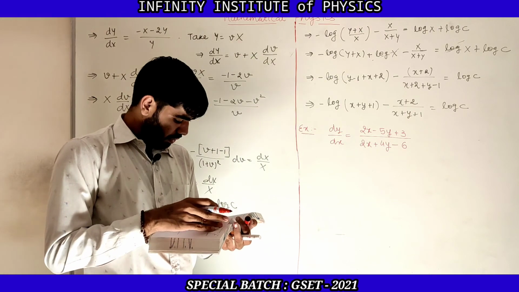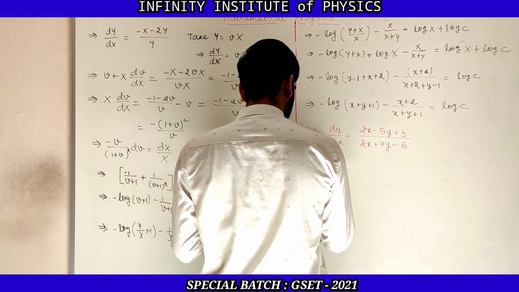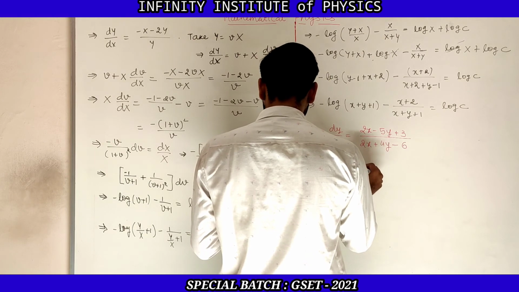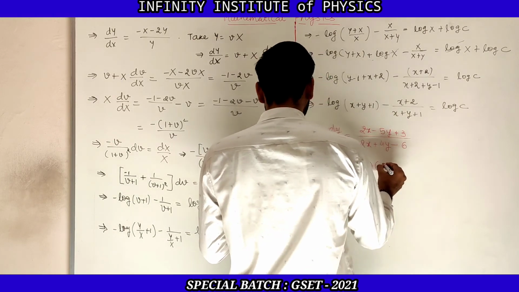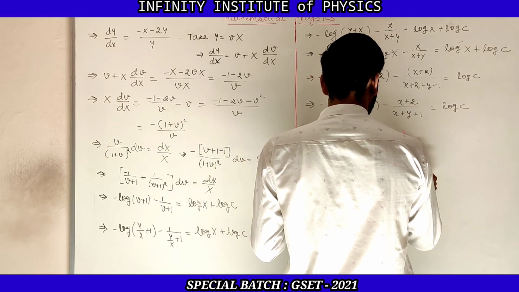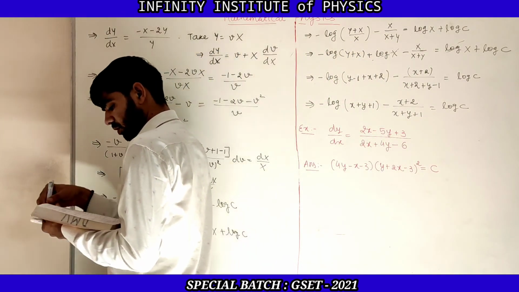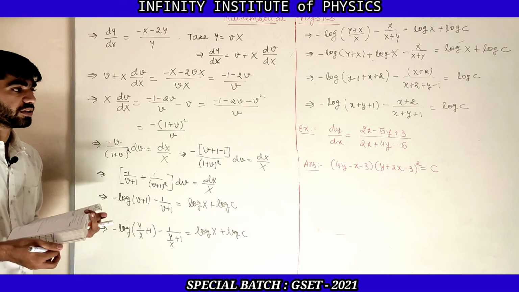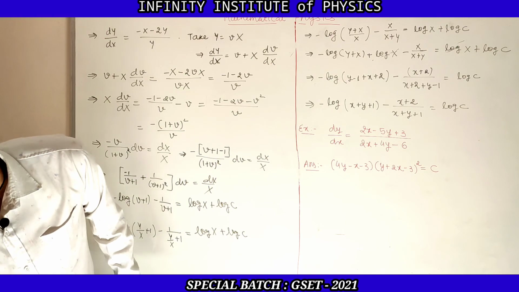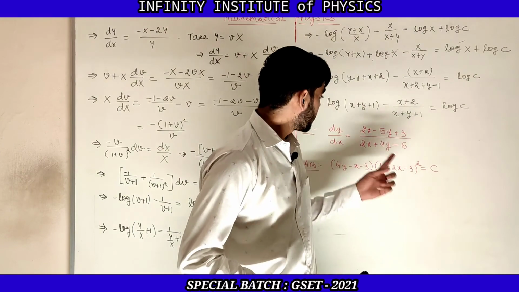This is also a question for which I am giving you the answer: 4y minus x minus 3 into (y plus 2x minus 3) whole square is equal to C, which is the solution of the given differential equation, which is the second case of the given differential equation, which is non-homogeneous. That means the ratio is not the same.